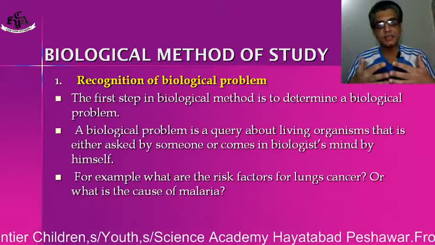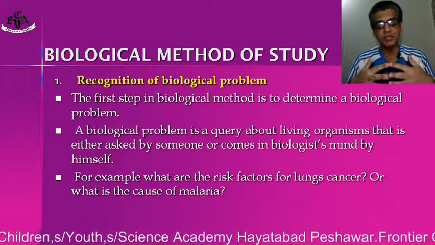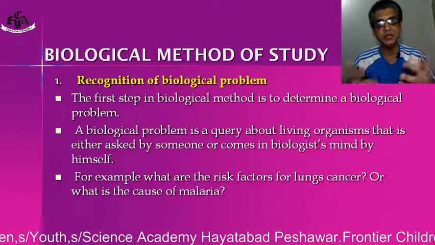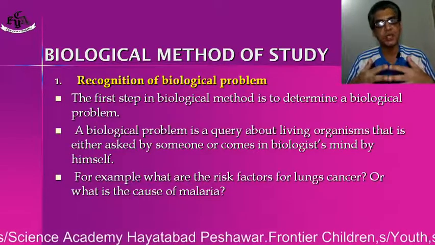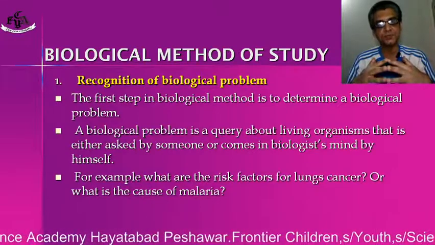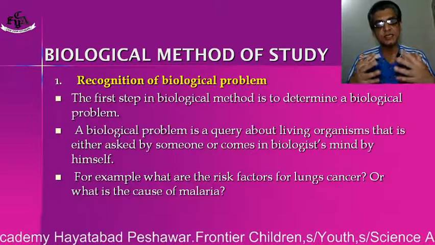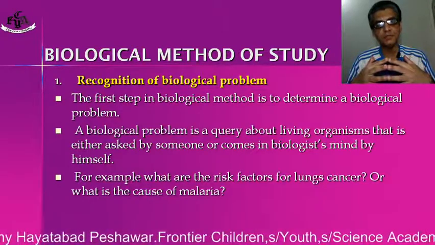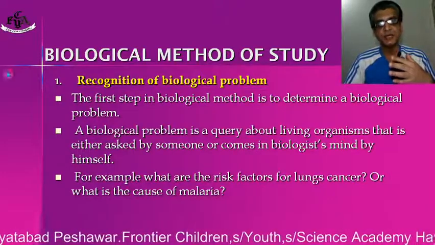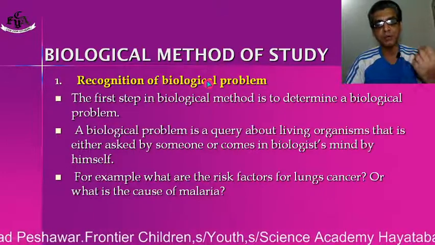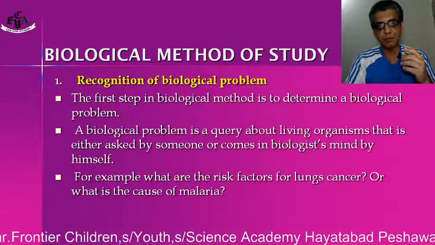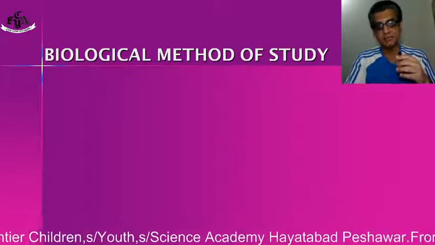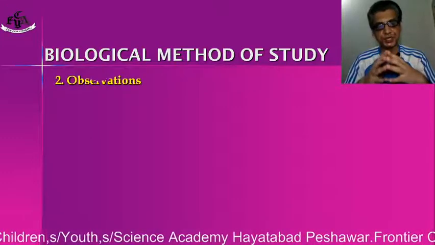Now the scientists, the biologists, are struggling for their treatment, for their vaccination, for their medicine, etc., and that is under study. So this is the first step in the biological method of study, that is the recognition of biological problem.